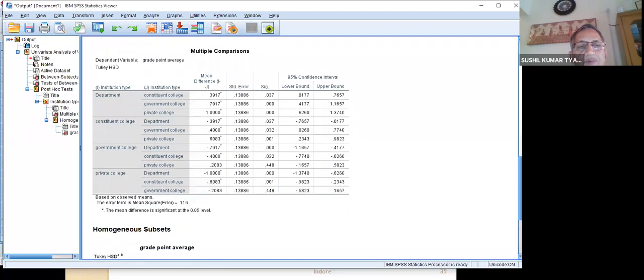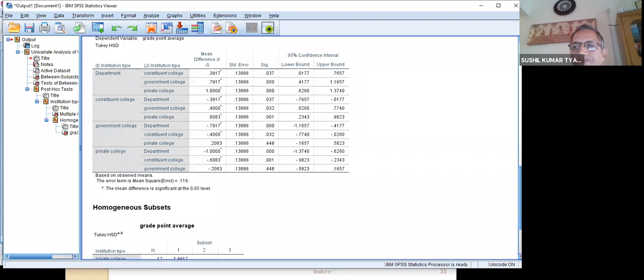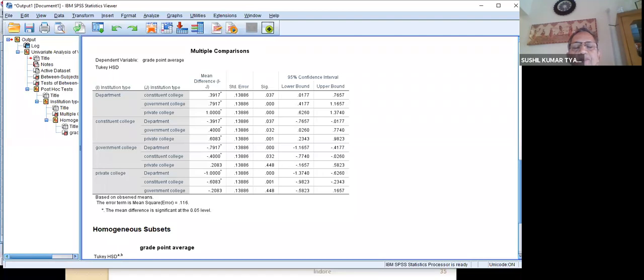So these are the multiple comparisons now. These are post hoc tests. Now this compares every college with every other college. As usual, we have double the tests, six tests having positive differences and six tests having negative differences.